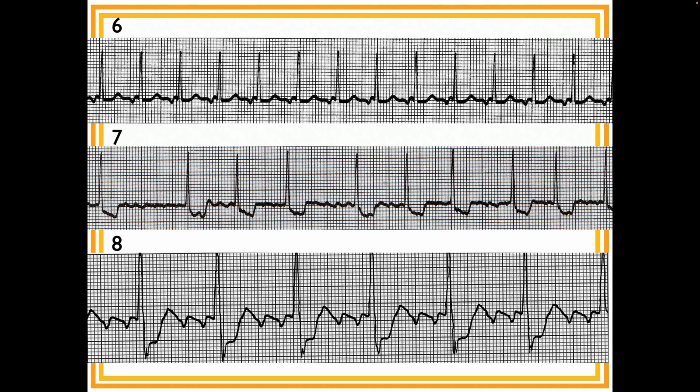So how do we know, via PowerPoint, if those are retrograde P waves or not? For 7, which thing do you think is a retrograde P wave? Right after the QRS, here? Yeah, and there, and there. So first of all, let's back up a minute.